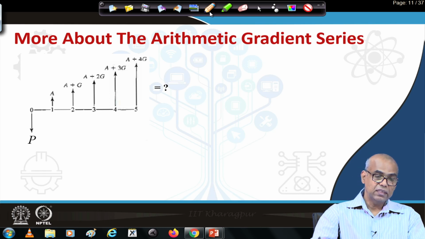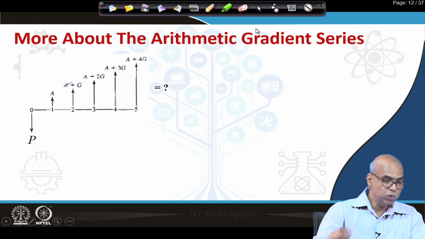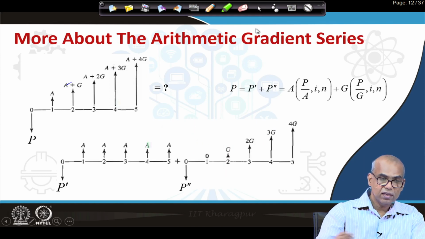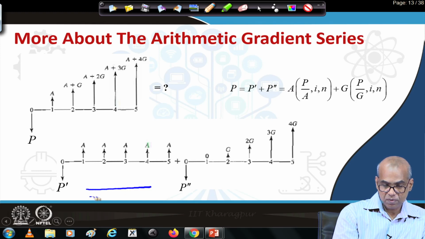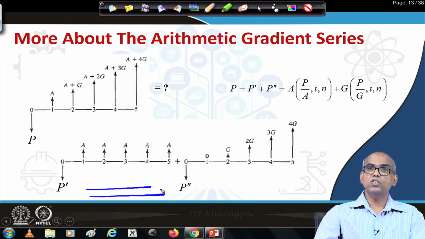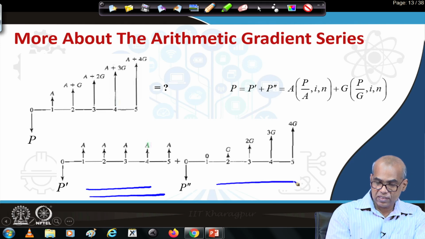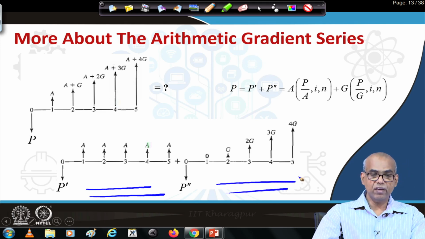Note that this series can be written as the sum of two series, where the first one consists of all equal payments A throughout, and then the next series is a strict arithmetic gradient series.